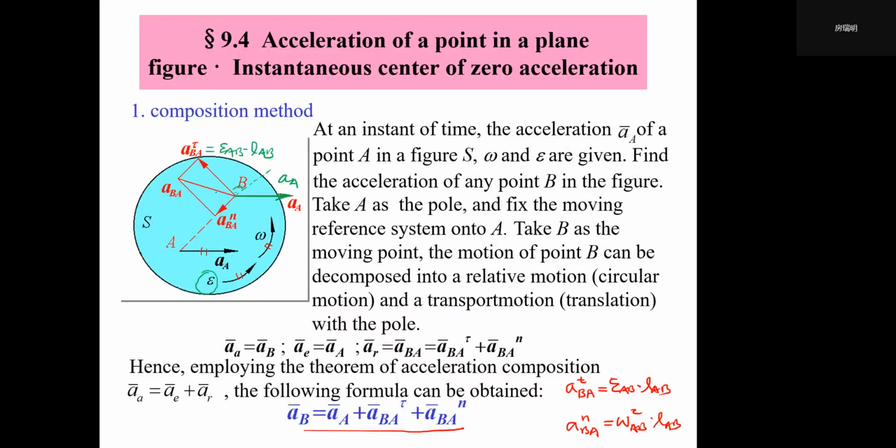Then you will find ABA tau along this direction, right? Another component, ABA n, has an easy direction because it always points from point B to your pole point A. You don't have another choice. Its magnitude equals omega AB squared times LAB.